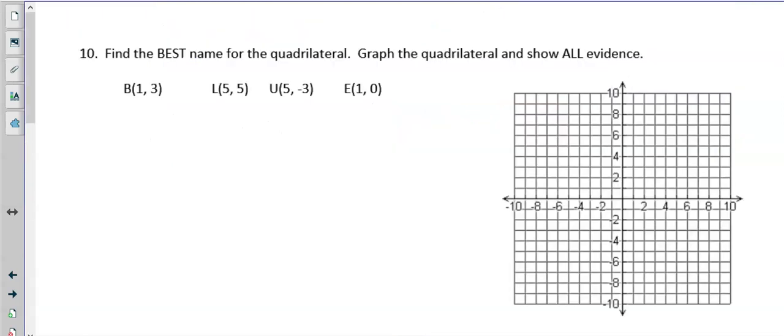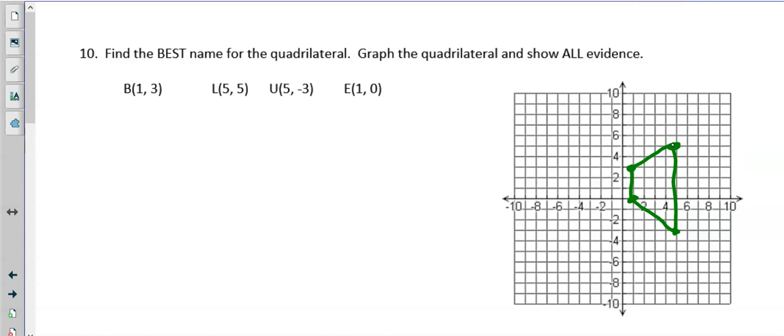All right, number 10. Find the best name for this quadrilateral. 1, 3. So we go right 1, up 3. 5, 5. We go right 5 and up 5. U, 5, but down -3. And 1, 0. All right.